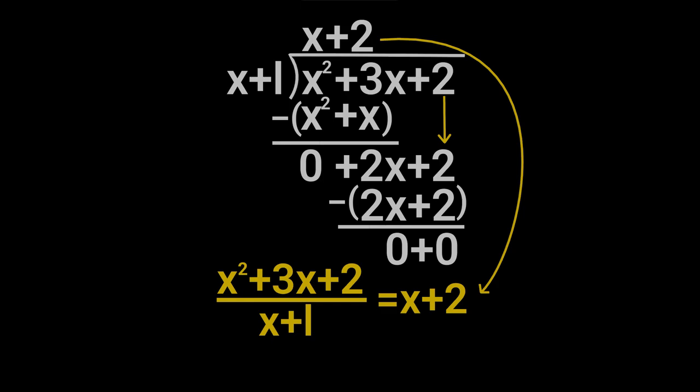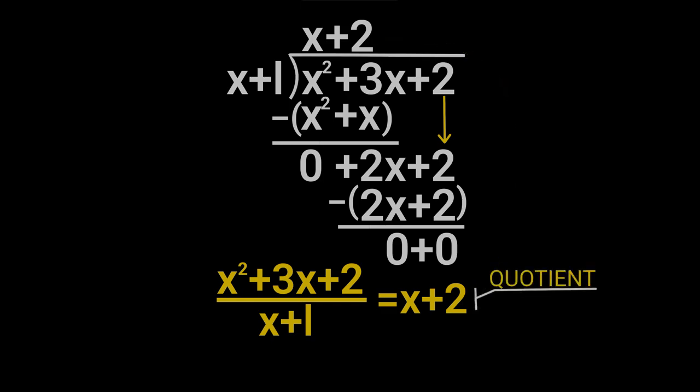So x squared plus 3x plus 2 divided by x plus 1 equals x plus 2. X plus 2 is the solution or the result. In long division, they call it the quotient. That is the name they use. This is just for the vocabulary. That is all for this problem.